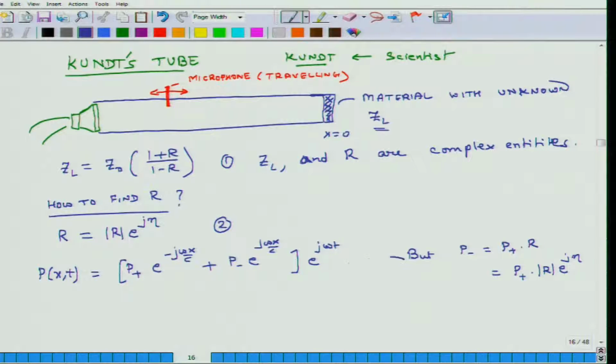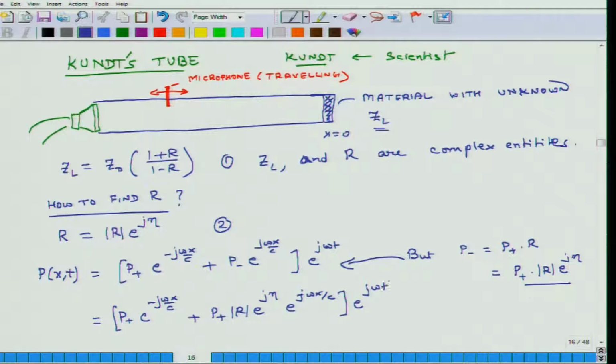So we put this back into this equation, so what we get is P plus e to the power of minus j omega x over c plus, and instead of P minus we put this expression, so I get P plus times magnitude of R e to the power of j eta e to the power of j omega x over c e to the power of j omega t.